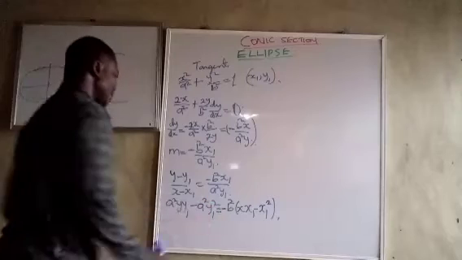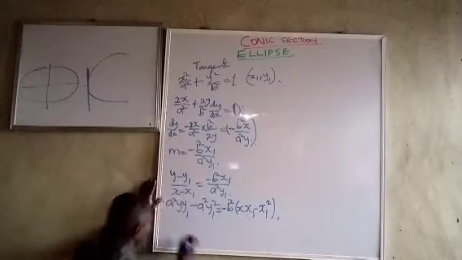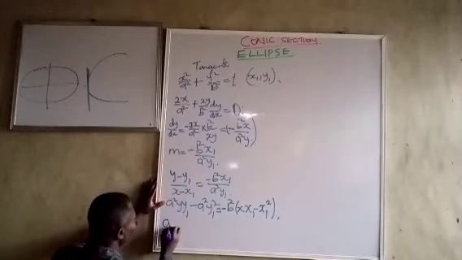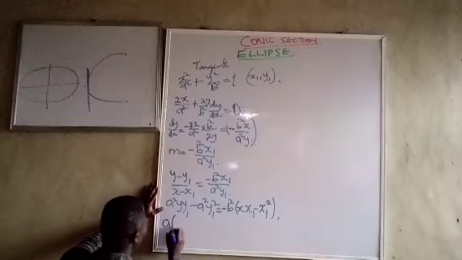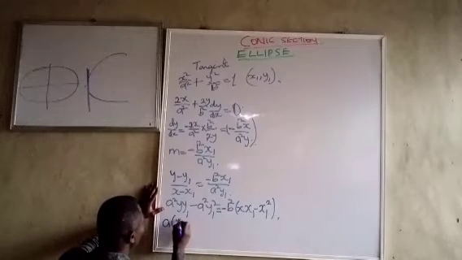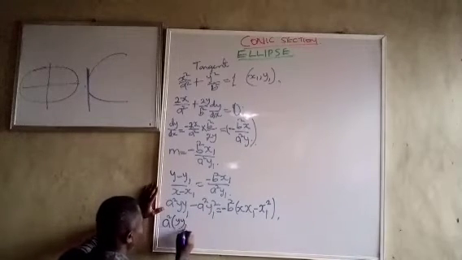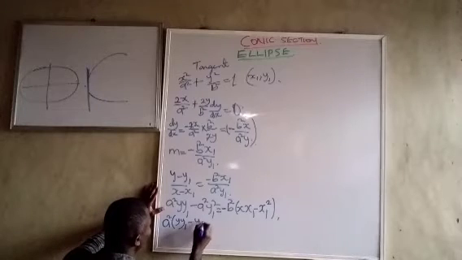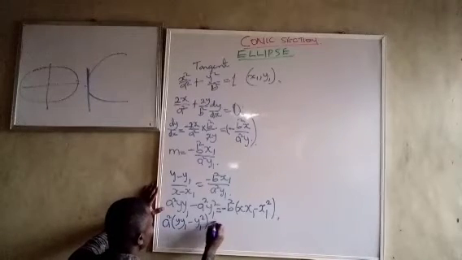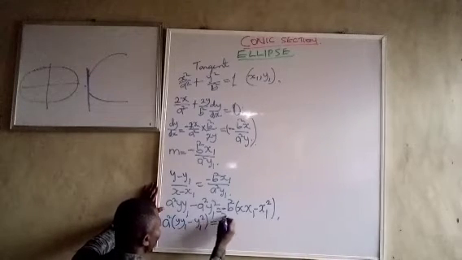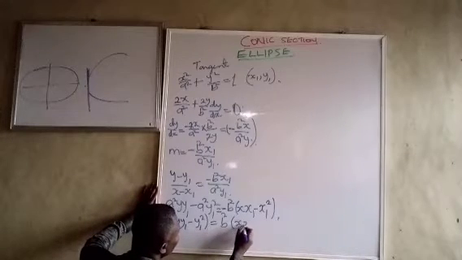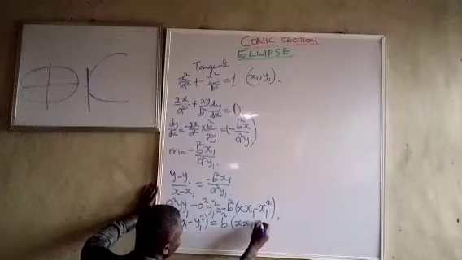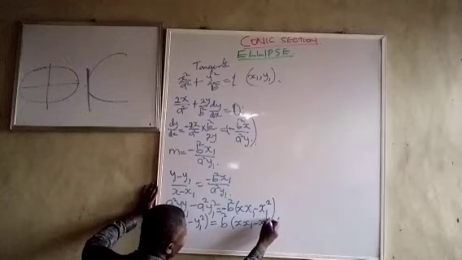I think it's better I also factorize this one like this one. So we have a squared y1 minus y1 squared is equal to b squared into x1 minus x1 squared.